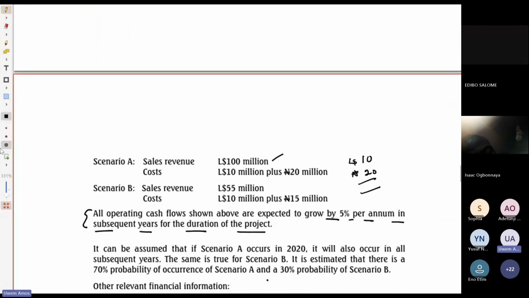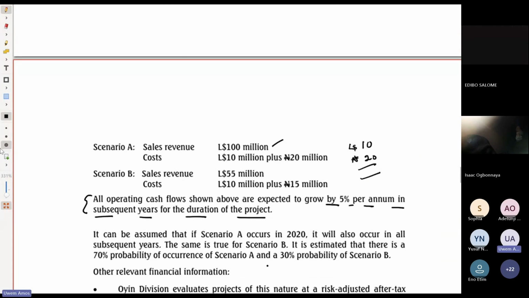Okay, so let's go right back to our cost. So our cost is 10 million Lindarian dollar and 20 million Naira. Don't forget this line: all operating cash flow shown above are expected to grow by 5% per annum in subsequent years for the duration of the project.